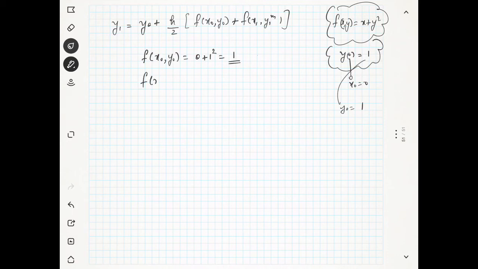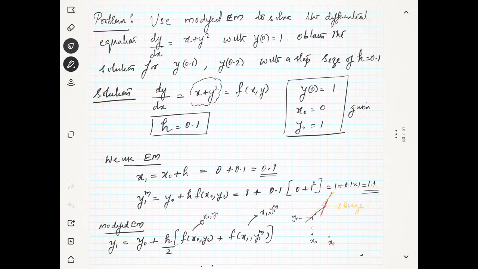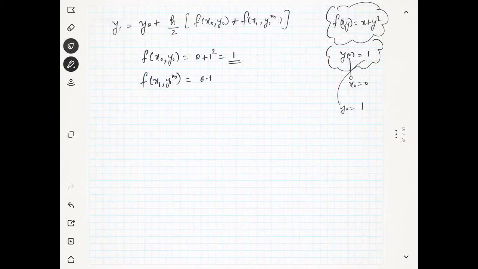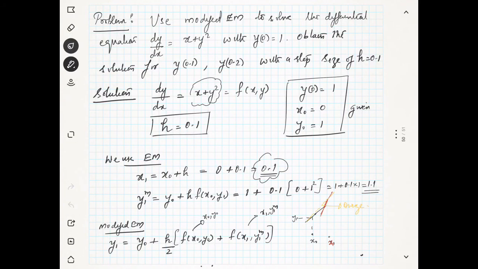Then f of x1 y1 m, where we have already found x1, which is 0.1, plus y1 obtained using Euler's method, which is 1.1.